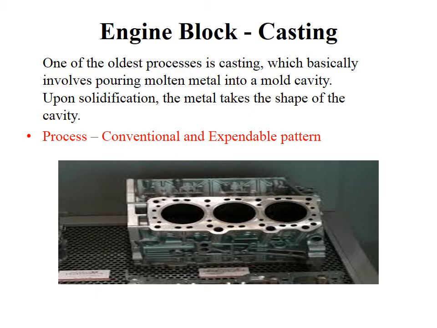Here we'll be using this pattern for the casting purpose, after which it will be destroyed. We'll see how that happens. Below you can see the picture of an engine block with 3 cylinders.